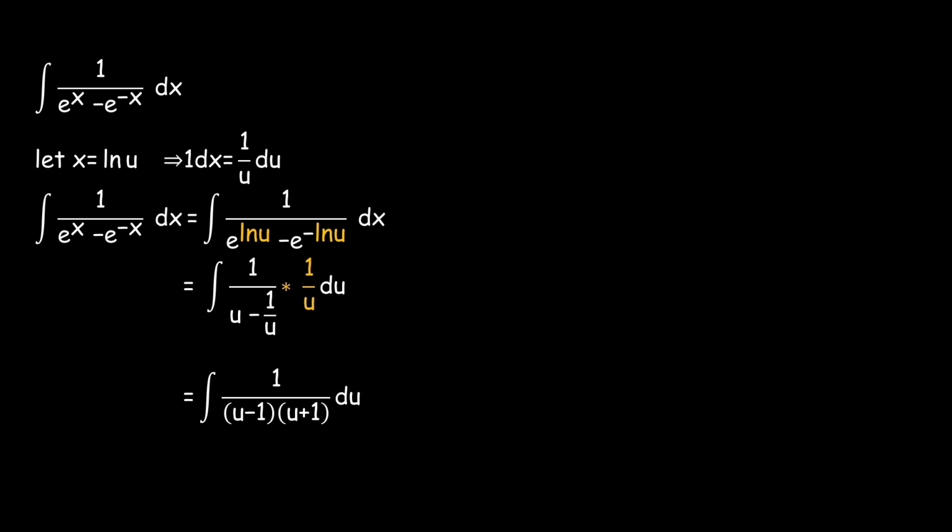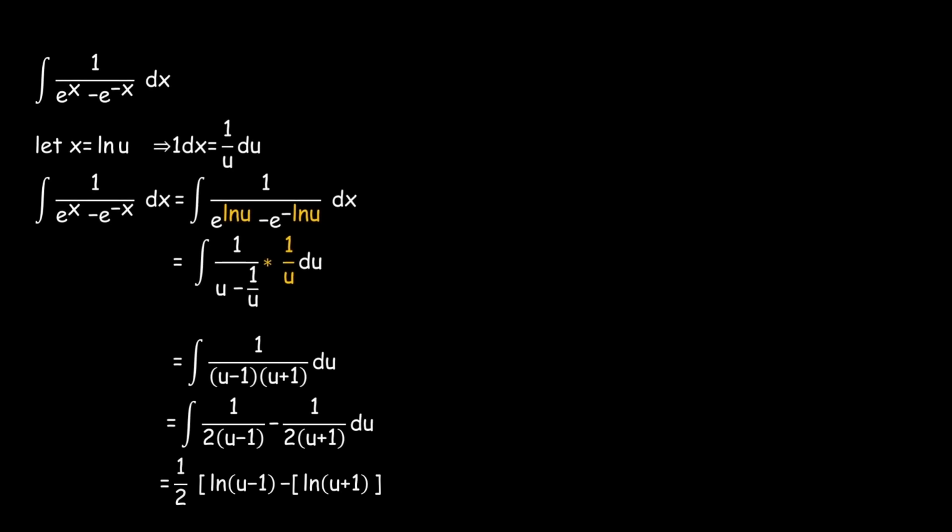So keep in mind this expression is not being simplified. You need to find the partial fractions, which are 1 over 2 times u minus 1 minus 1 over 2 times u plus 1. I'm not going to explain in too much detail because I have explained before. So integrating this would actually give us the natural log of u minus 1 minus the natural log of u plus 1.